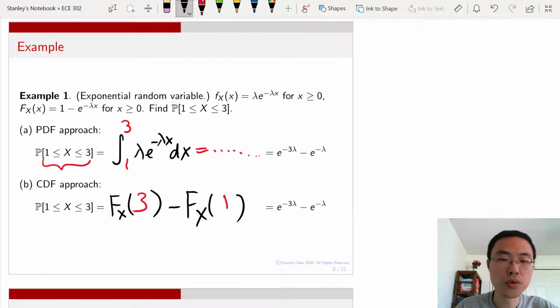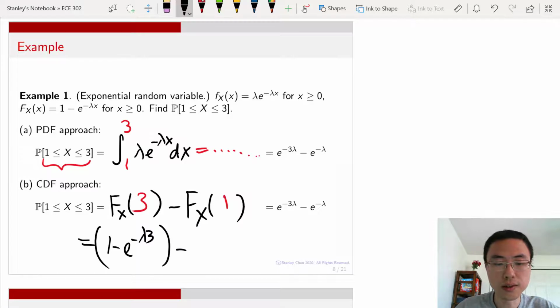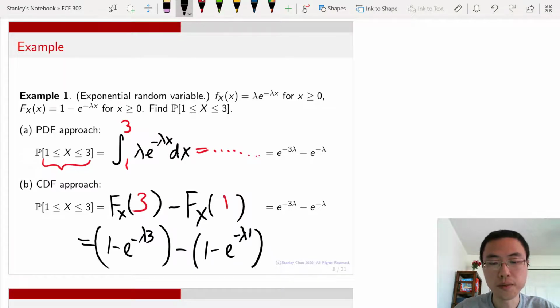Then this is just 1 minus e to the minus 3 lambda, minus 1 minus e to the minus lambda, and you plug in the numbers and get this equation. So this is how we calculate this probability using a PDF, and this is using a CDF.